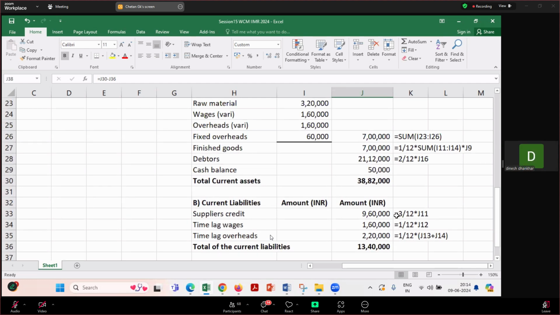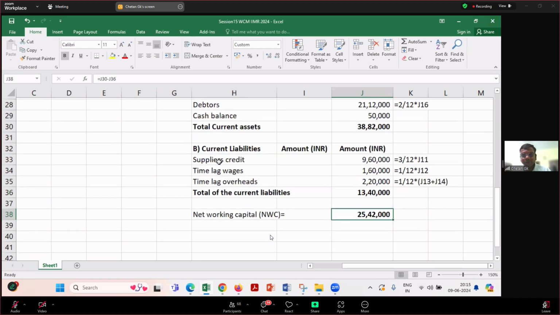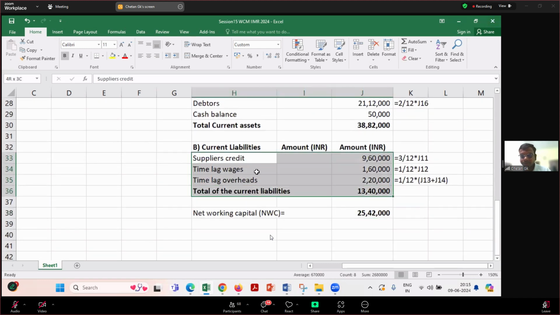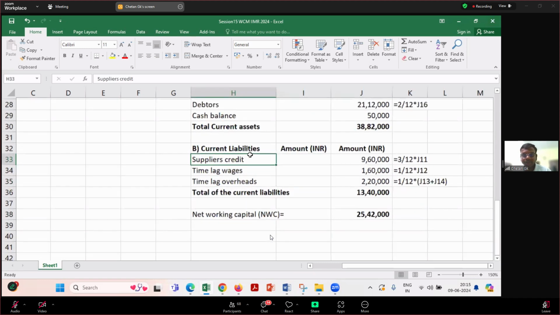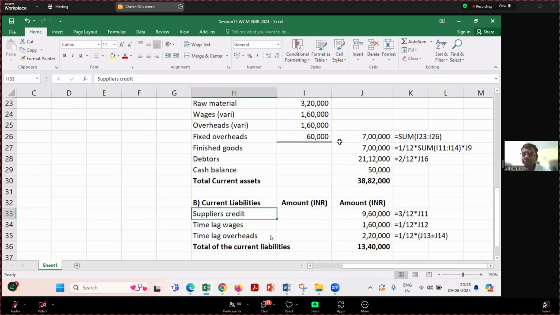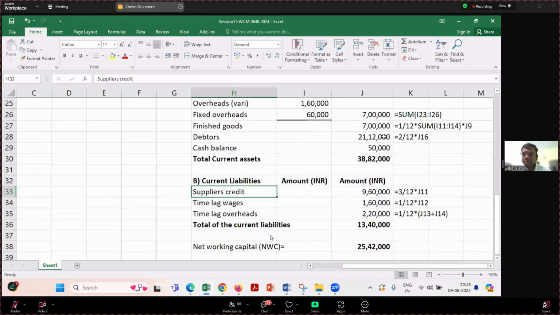Short term means you'll go for an OD, or financing happens from the current liabilities, supplier credit and so on. We have discussed. Right? Anything else?